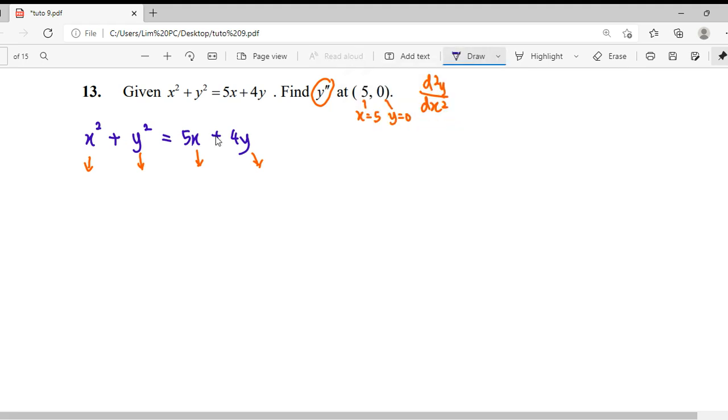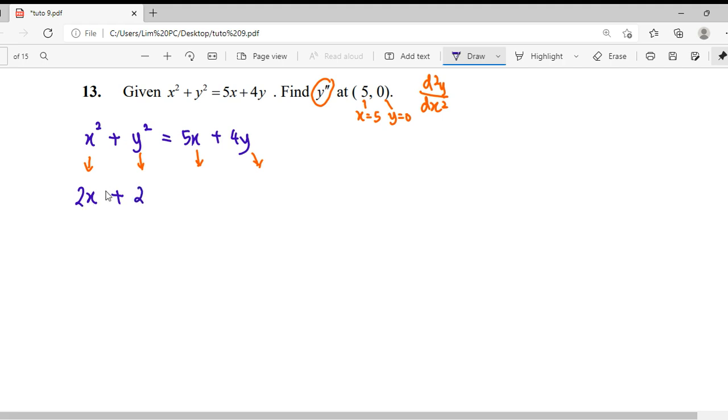So differentiate x squared, we get power to the front, power minus 1, and this is with respect to x, so the corresponding variable x. Then for y squared, we differentiate it like x.